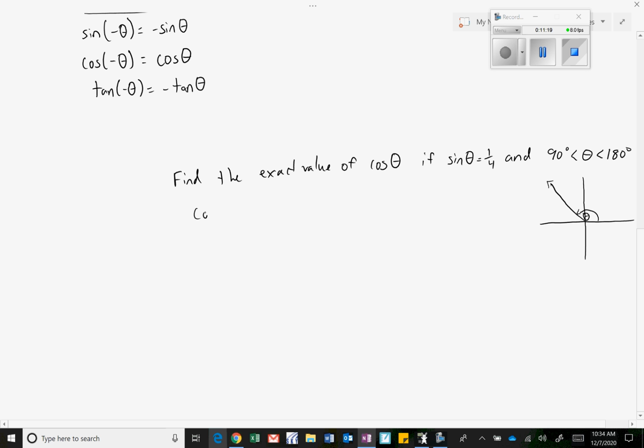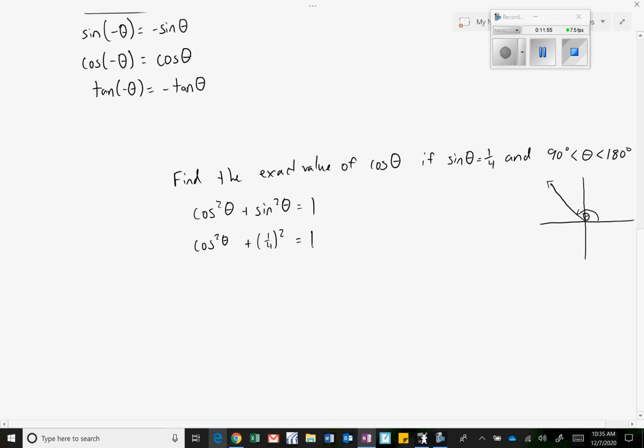So I can use this identity and substitute in sine of theta equals 1/4 for my sine of theta here, right? So when I sub that in, I get the cosine squared of theta plus 1/4 squared, and that still equals 1.